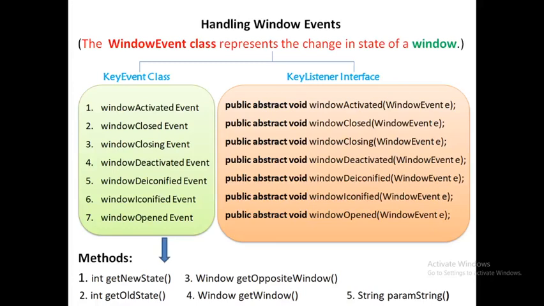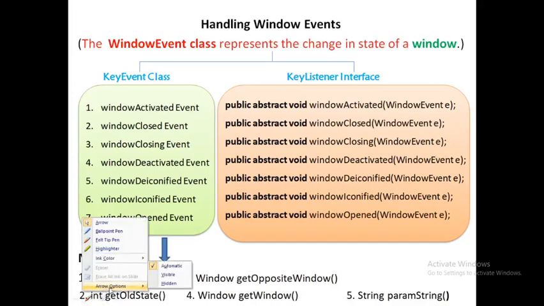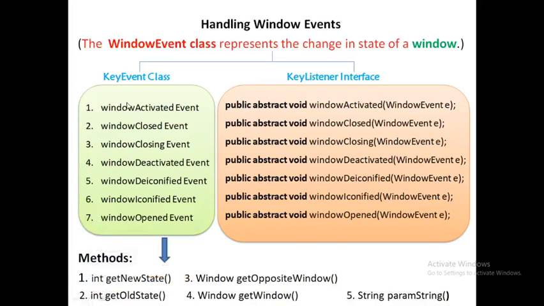The WindowEvent class has some events. There are 7 events. When you work on a window, it will generate 7 window events: window activated, window closed, window closing, window deactivated, window deiconified, window iconified, and window opened.